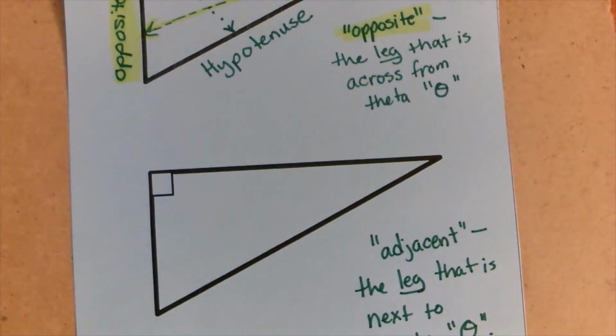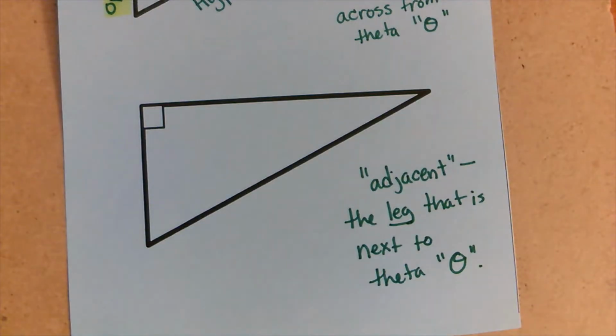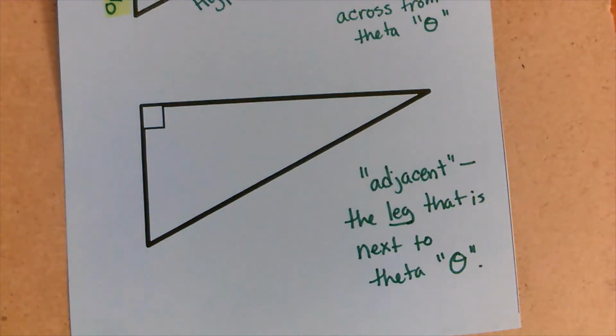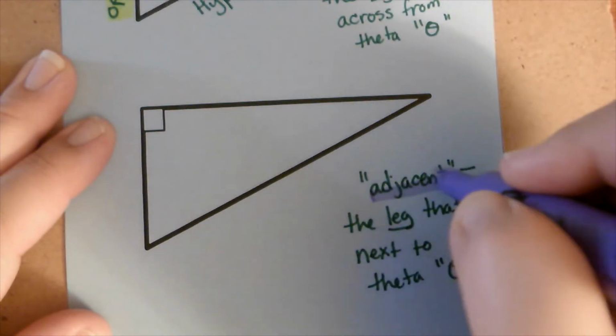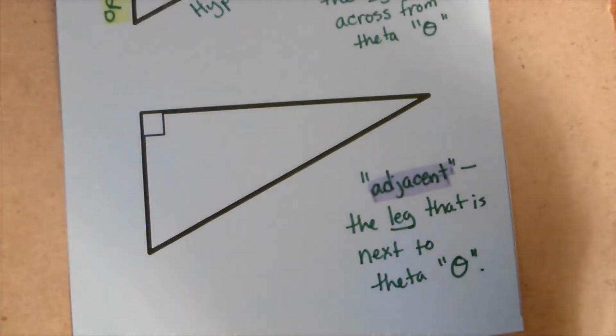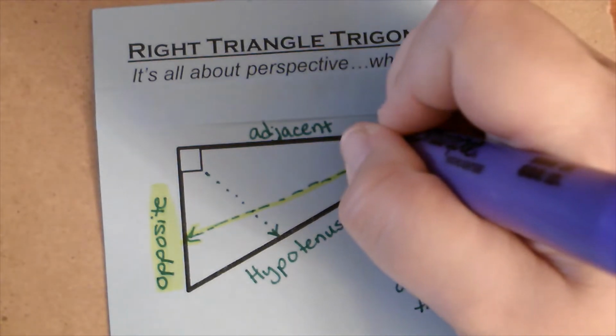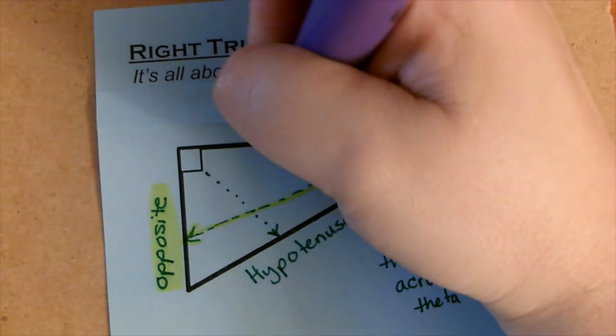Opposite and adjacent refer to the legs because the hypotenuse has its own name already. I'm going to highlight this one in a different color. When I go back up to my triangle, my adjacent is the one that's next to theta right here. So it's this side.